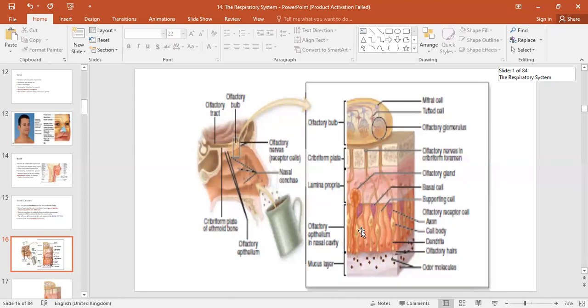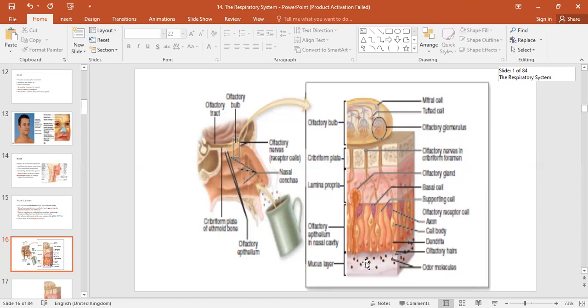Then within the olfactory epithelium, we have glands in the submucosa there. We call these glands Bowman's glands, or olfactory glands, if you like. These are the glands here with their tube. You see that these are simple acinar glands.